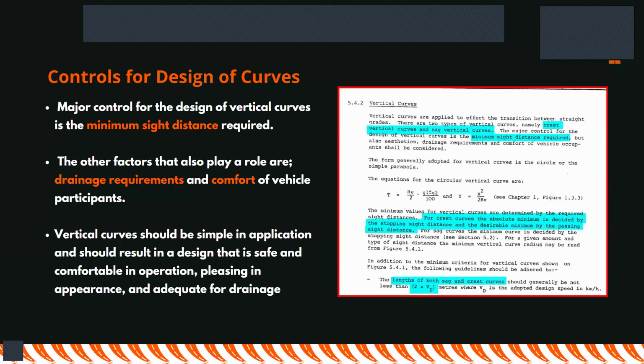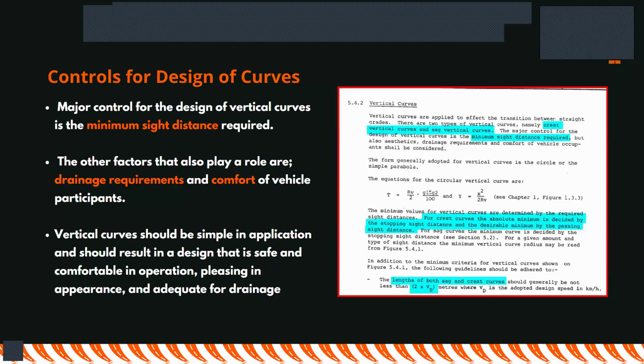As the design engineer, your work is to ensure that, should any obstacle appear anywhere along the curves, the drivers can safely stop. That is the key and the most important part.